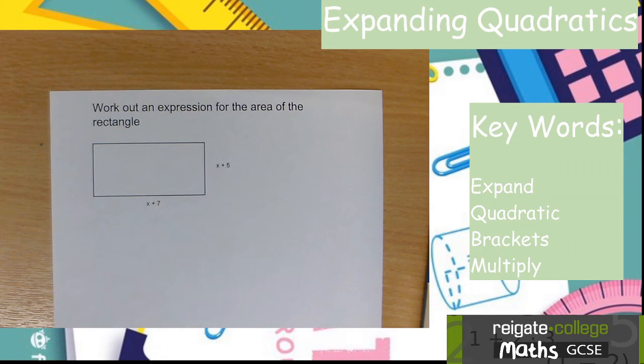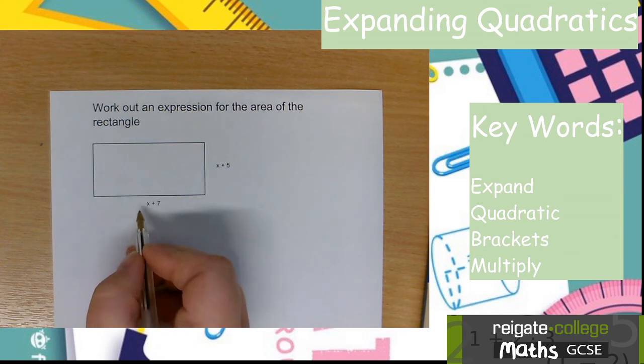This is a way of asking you to create a set of double brackets and then expand them to create a single expression. It simply says, work out an expression for the area of this rectangle. Now we know when we work out the area of a rectangle, we multiply together the width and the height.